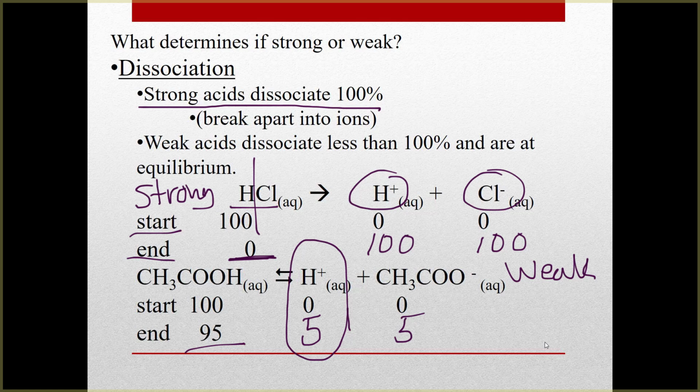So again, the strong acid completely falls apart, no more acid particles left. But you can see in a weak acid, most of it is still together. So most of it is on my reactant side. So very few product side, but I still do have some hydrogen ion. So it's still classified as producing hydrogen ions, so it's a weak acid.